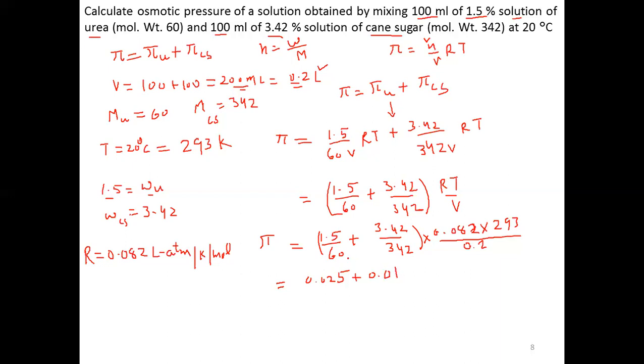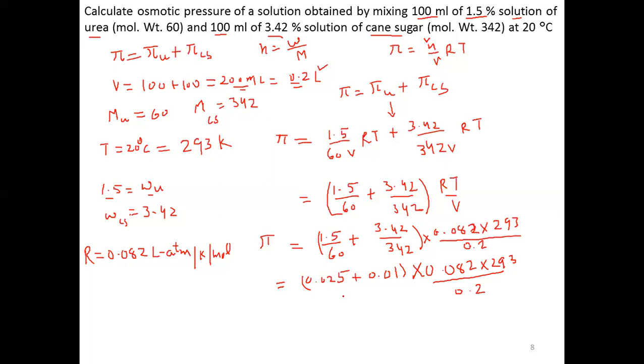So 1.5 divided by 60 plus 3.42 divided by 342, into 0.082 into 293 divided by 0.2.